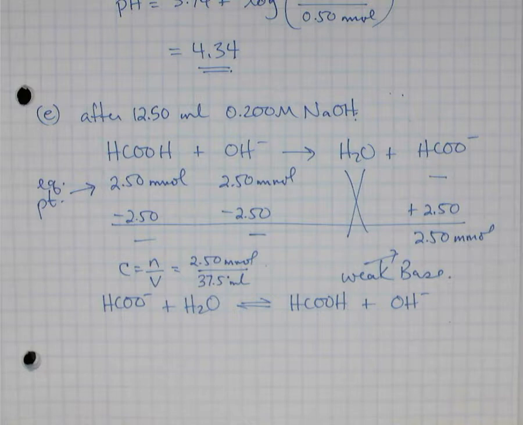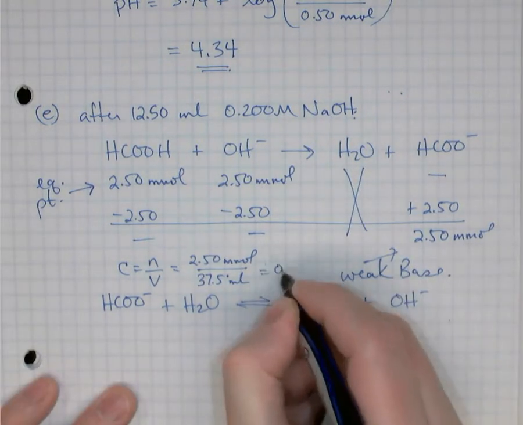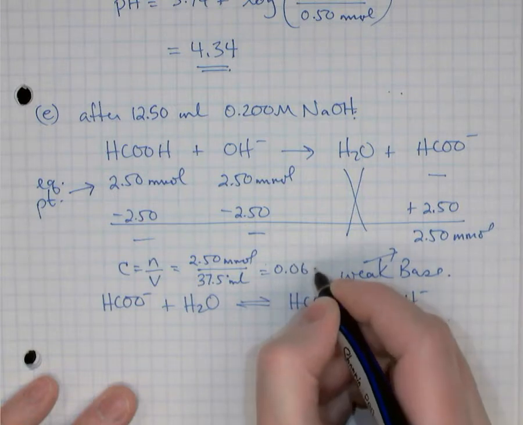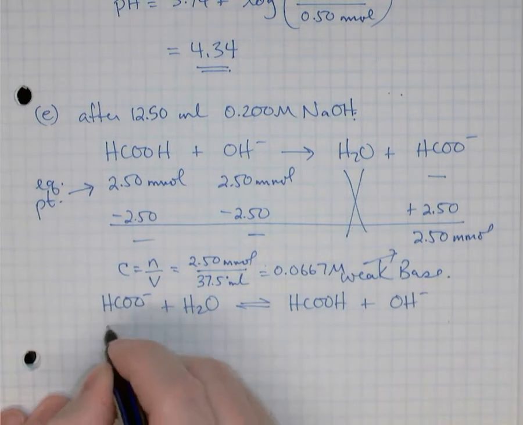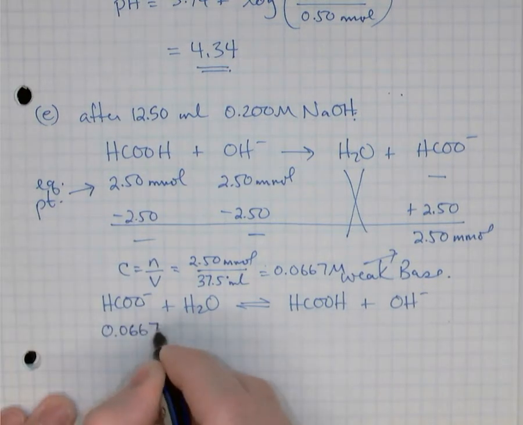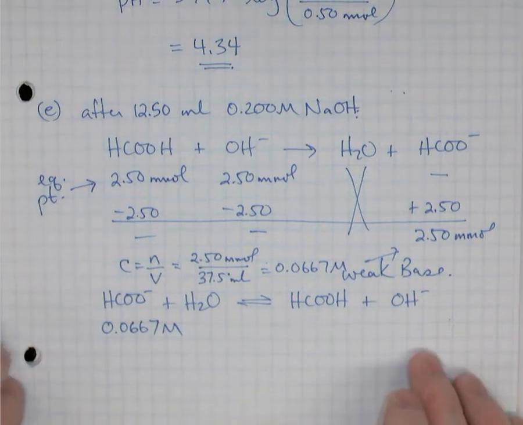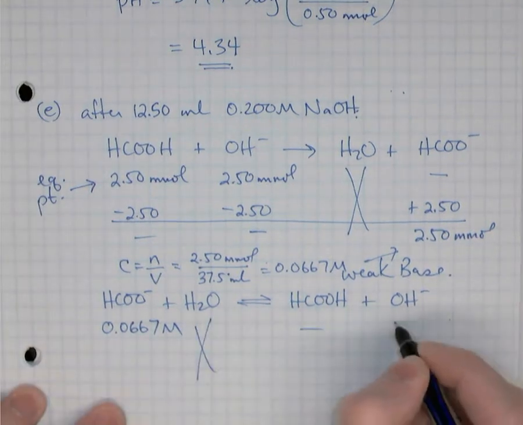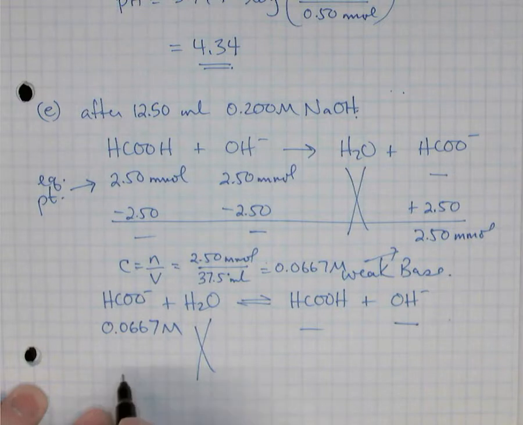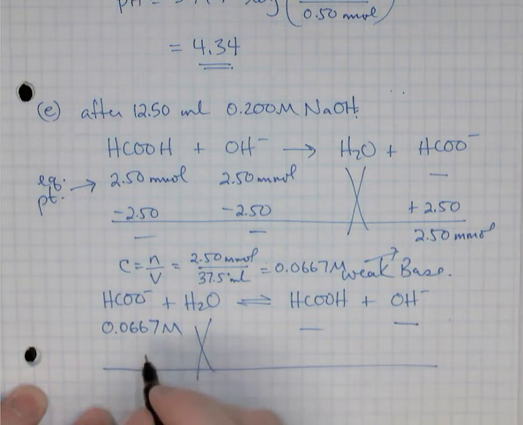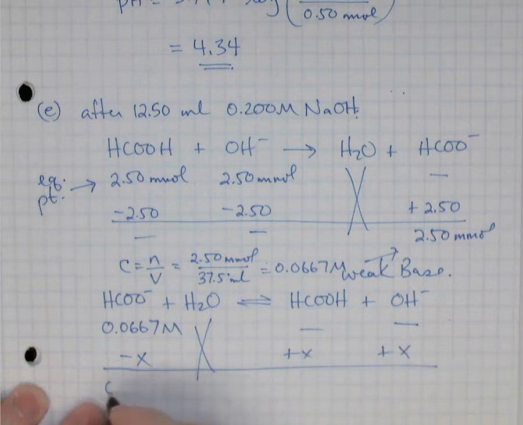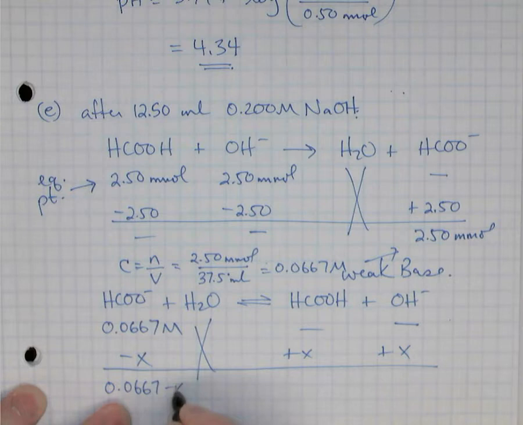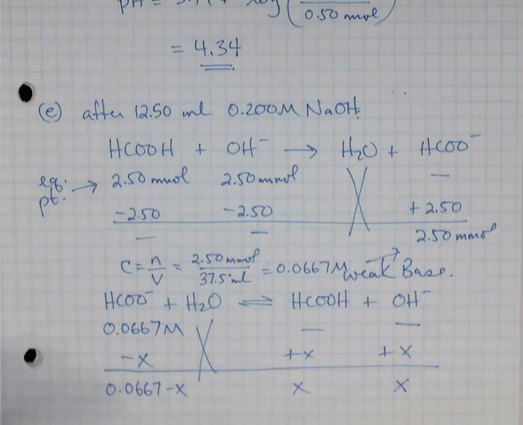So 2.5 divided by 37.5, 0.0667 molarity. So there's our concentration of the base. The water we can ignore. We'll ignore the little bit of hydroxide that's in pure water. We know it's a weak base, so minus x plus x plus x, 0.0667 minus x, x, and x.